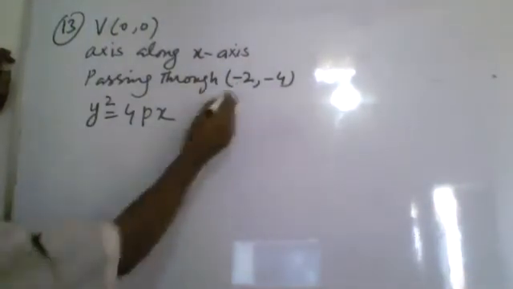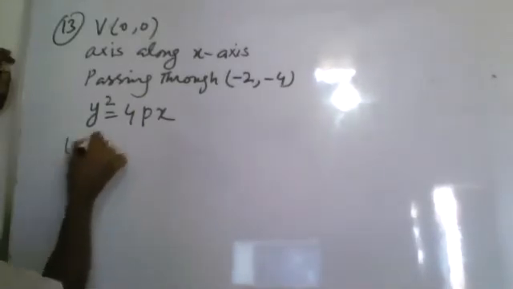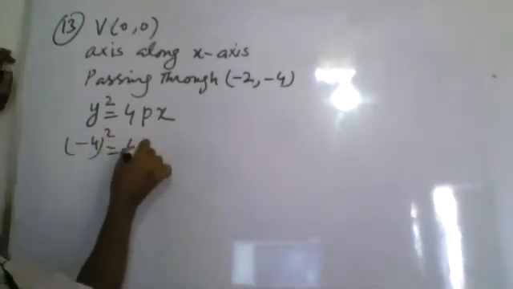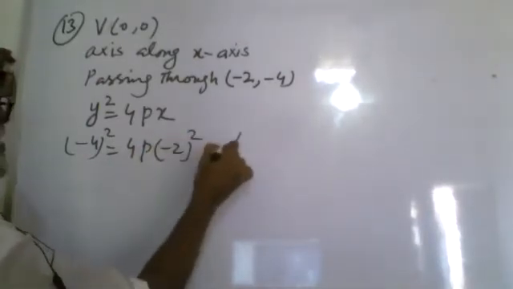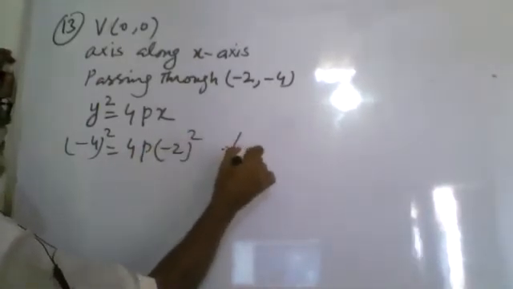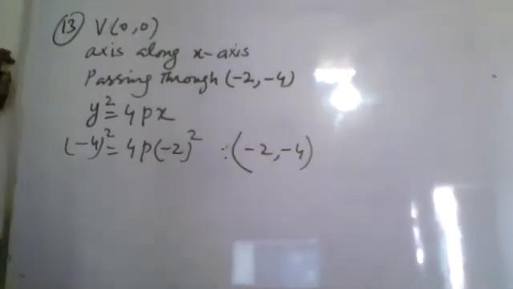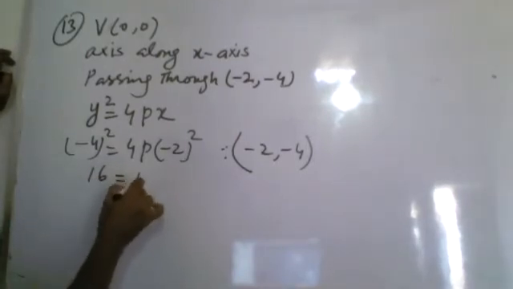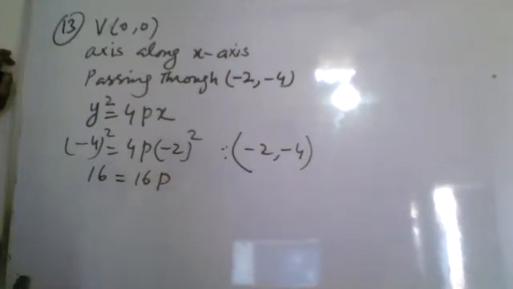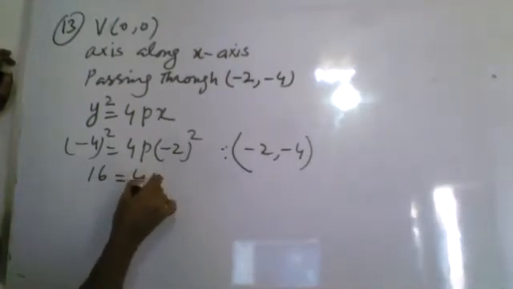X is -2, y is -4. So (-4) square is equal to 4p into -2, because -2 and -4 are substituted over there. So 16 is equal to 16p, 4p into 4.